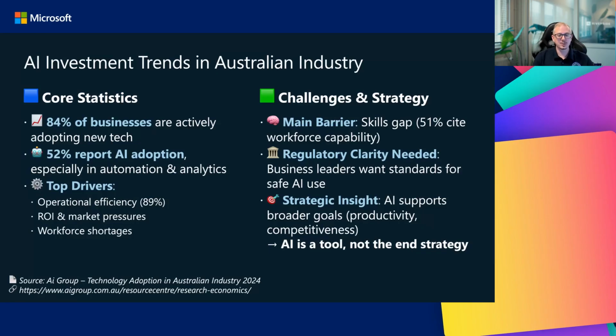But most businesses are acknowledging that the end strategy for them is not simply to invest in AI, that AI is a tool. It's another tool amongst many other tools. It doesn't necessarily change how businesses are trying to go to market or what their primary mission is, but it is absolutely seen as something that they need to invest in to help them.